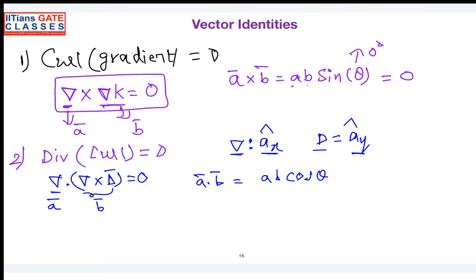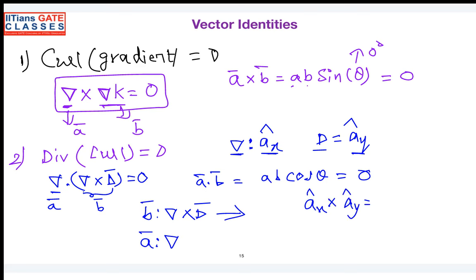For example, if you take ax cross ay, the resultant is nothing but az. What is the meaning of that? The resultant of any cross product represents a vector which is perpendicular to both the input vectors. So z is perpendicular to x and z is perpendicular to y also.